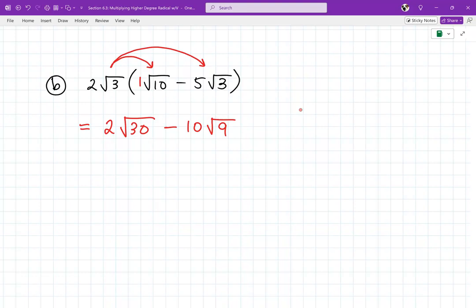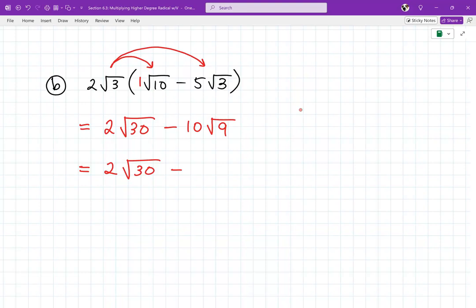Can I break 30 into 2 factors, one of which has a square root? 30 is 1 and 30, 2 and 15, 3 and 10, 5 and 6. None of those numbers have nice square roots. So that one's stuck. That's all it can be.